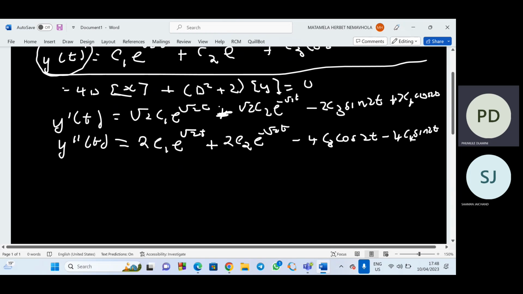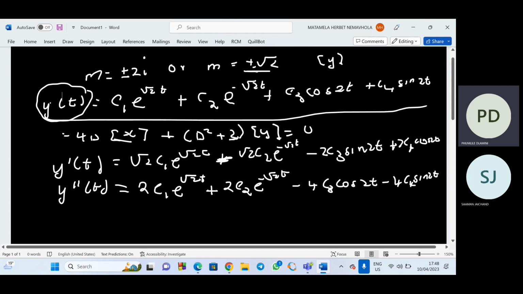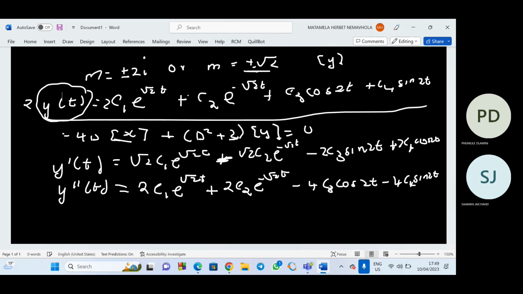And then after that, the real equation, the one that we didn't differentiate, y of t, you are going to multiply everything by 2. When we multiply everything by 2, it's going to be 2, 2, 2, and 2.